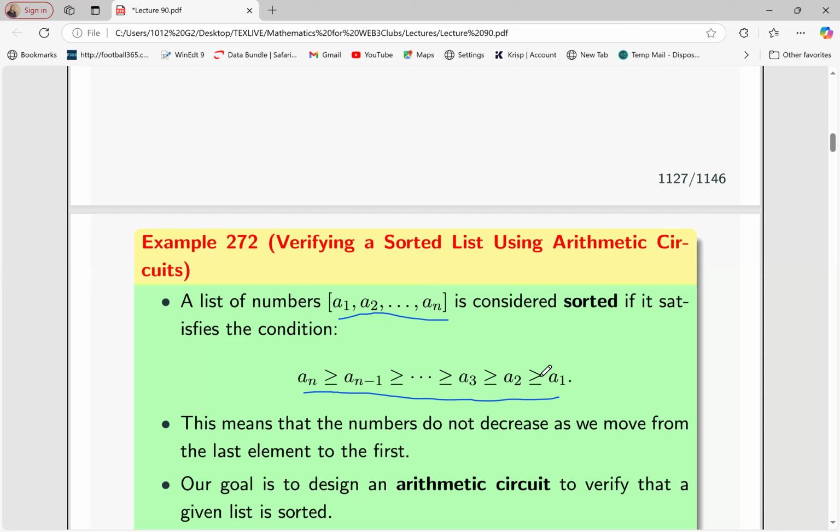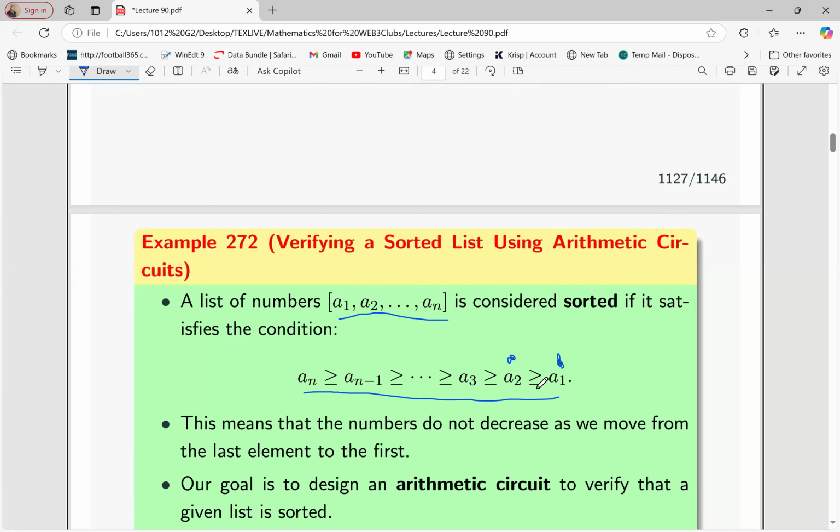We cannot have the element A1 being larger than A2. That can never happen. If it does, then we are saying that it's not sorted. If the elements are mixed up so that they're not arranged in some order, then they are not sorted.